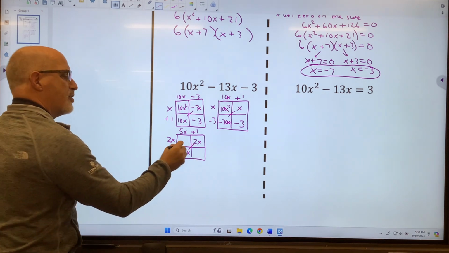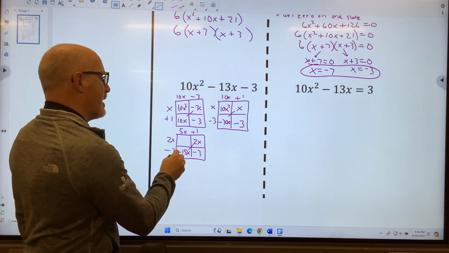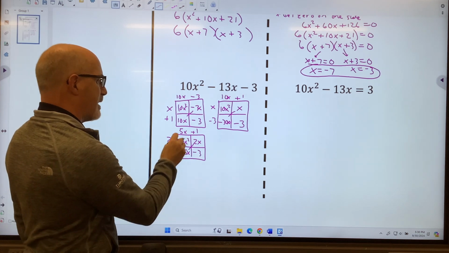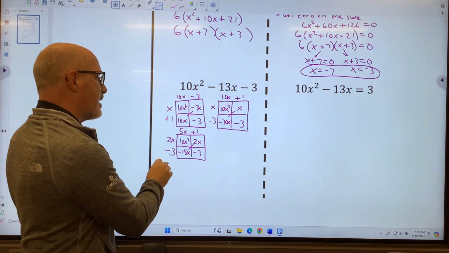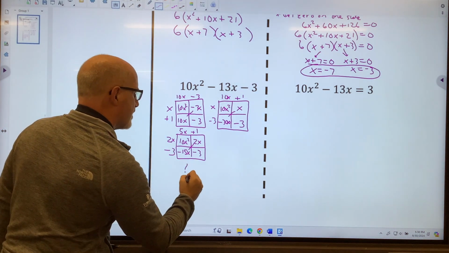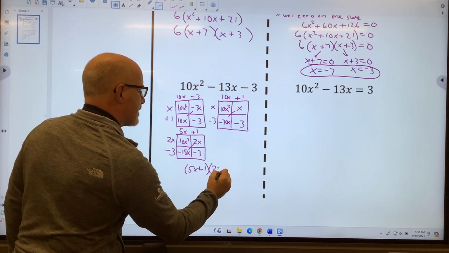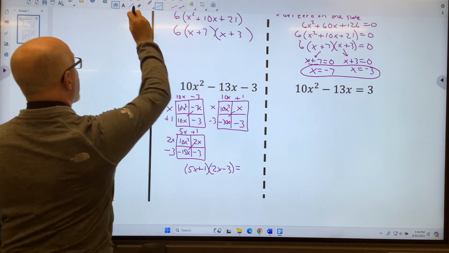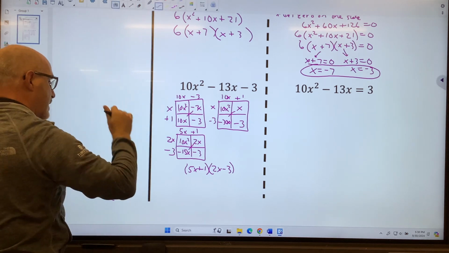Notice when I add 2x to the negative 15x, it does give me what I'm looking for. It does give me that negative 13x in the middle. So this one does work, so my factorization is 5x plus 1 times 2x minus 3. And so that's my factorization. No equal sign, so we just leave it with the factorization.